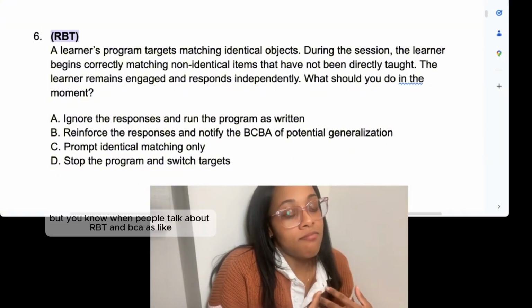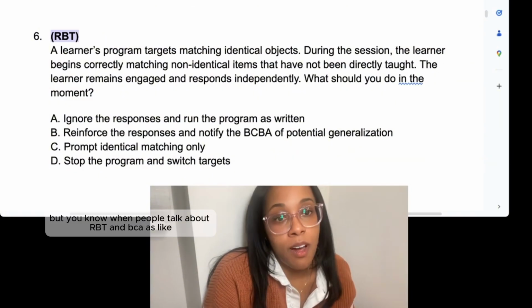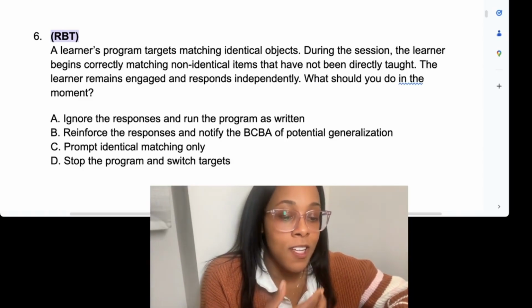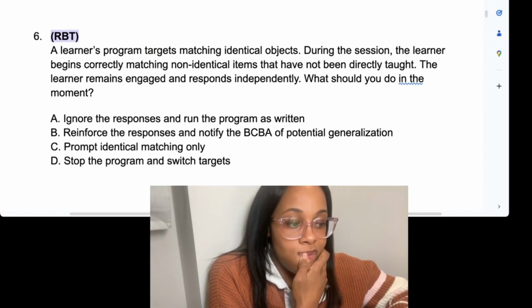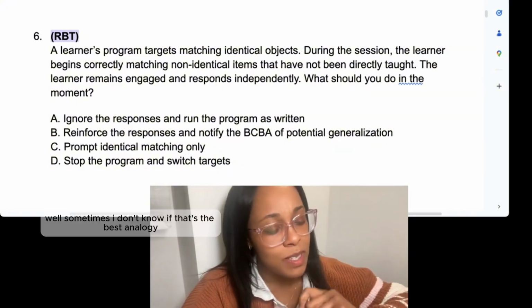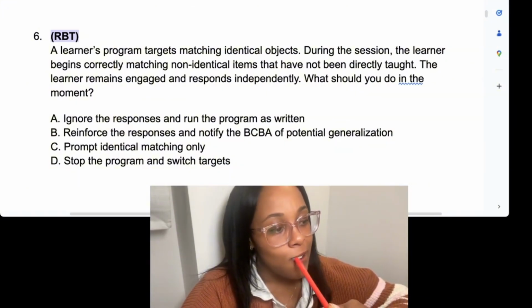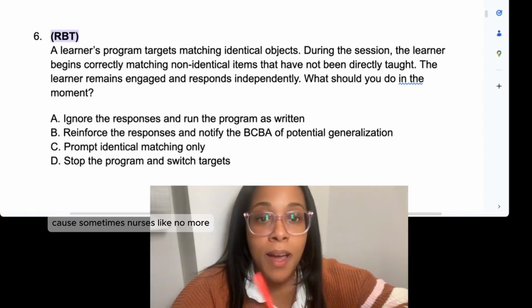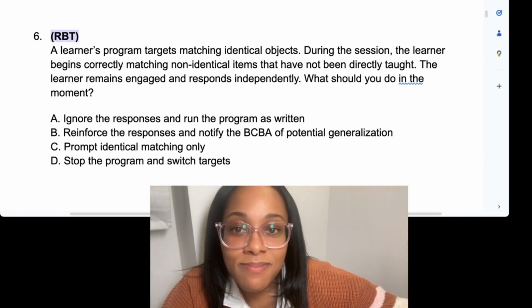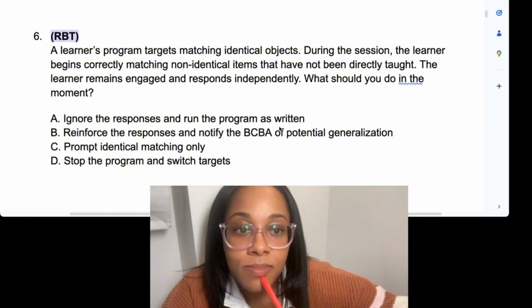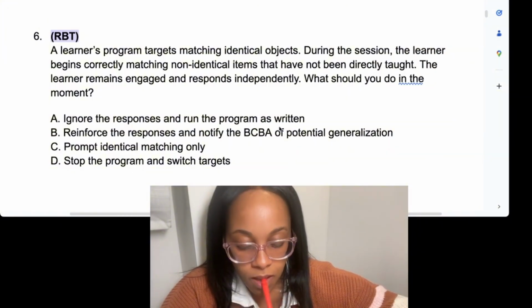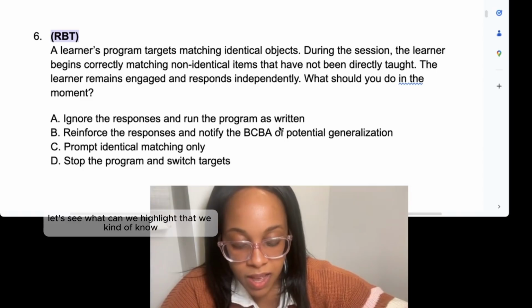But when people talk about RBT and BCBA as nurse and doctor, I don't know if that's the best analogy, because sometimes nurses know more. A or B? Okay. Well, let's see, what can we highlight that we kind of know?